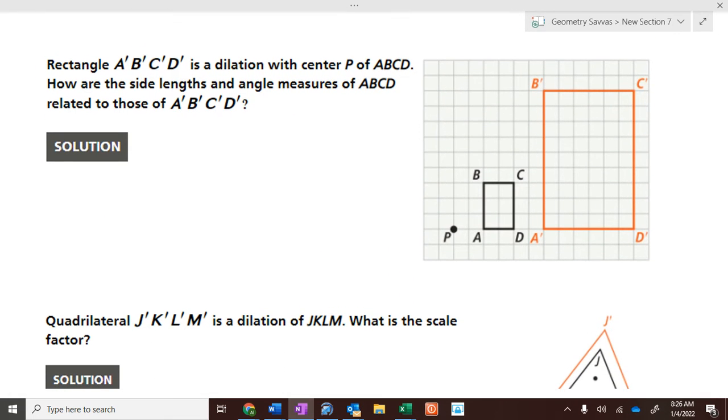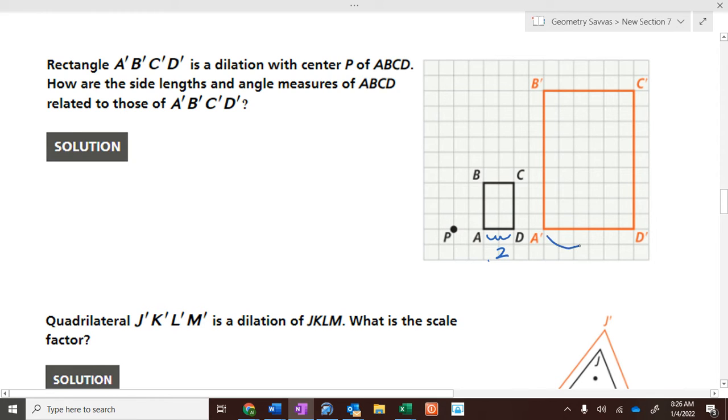So here's an example. Okay? We have a dilation. Now, the red one is the new one. Okay? So is the red one an enlargement or a reduction? Enlargement. Now, how far is it from A to D here? 2.